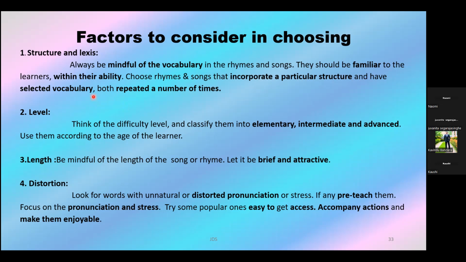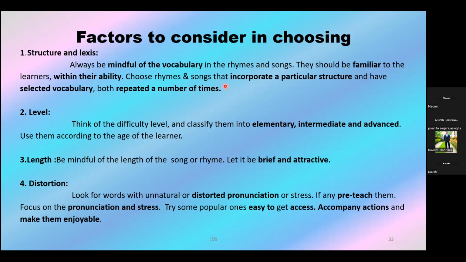So definitely remember, when selecting a song or a rhyme, the initial thing that the teacher has to check is the language level. If the language level is too high, the child won't be able to comprehend the meaning, and as a result he might lose interest in singing that song. Or there will be no expressions in the child while he is singing that song, because he doesn't understand, right?